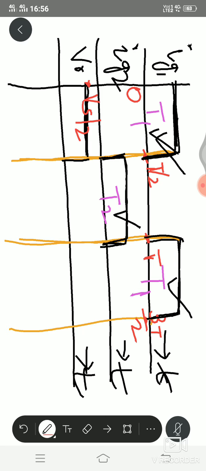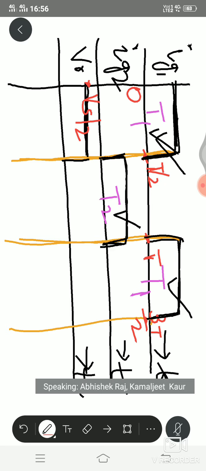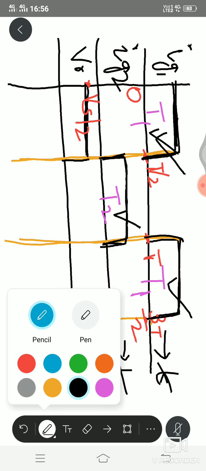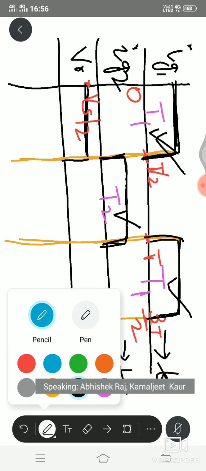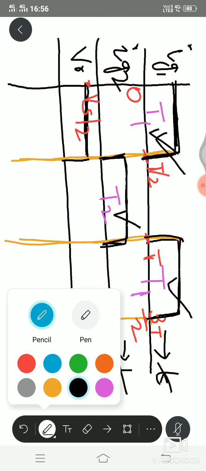Draw it, Vs by 2. So in case 1, from 0 to T by 2 duration, when T1 was fired, look at equation number 1, V naught is equal to Vs by 2. Okay. Now look at case 2, which varies from time T by 2 to T. During that time T2 is fired. What was the value of V naught?